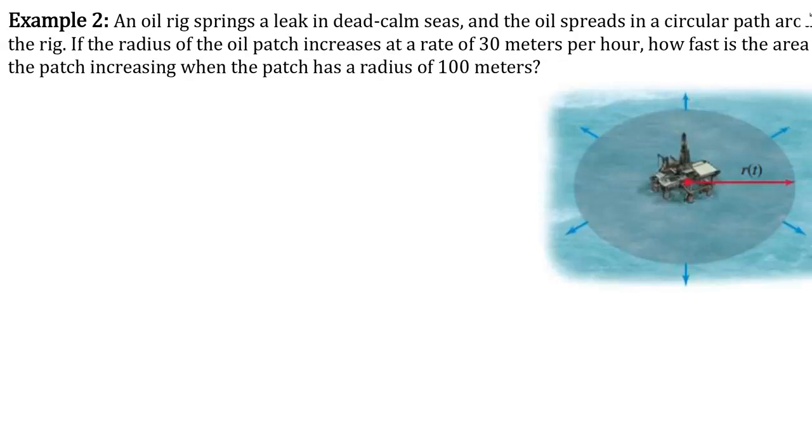If the radius of the oil increases at a rate of 30 meters per hour, how fast is the area increasing when the patch has a radius of 100 meters? Now, if they don't give you a picture like they did on the last one, we drew it ourselves. This one, they gave it to us, which is always nice of them.